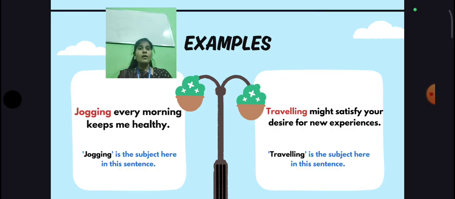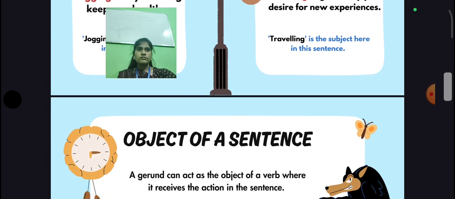What is done every morning? Jogging is done every morning. What we are speaking about here is jogging, so it acts as a noun, and it is called a gerund. In this sentence, traveling might satisfy your desire for new experience. Here we are focusing on traveling. It acts as a noun and it is singular, right? As we have seen in the definition before, it relates to that.